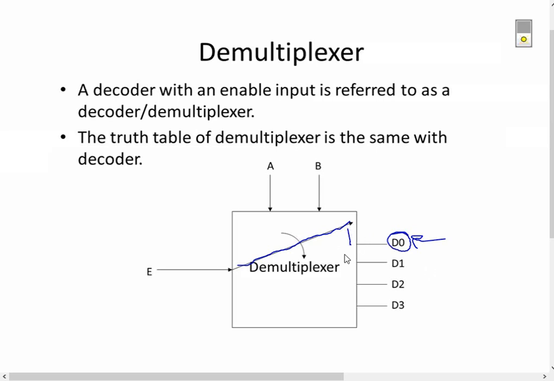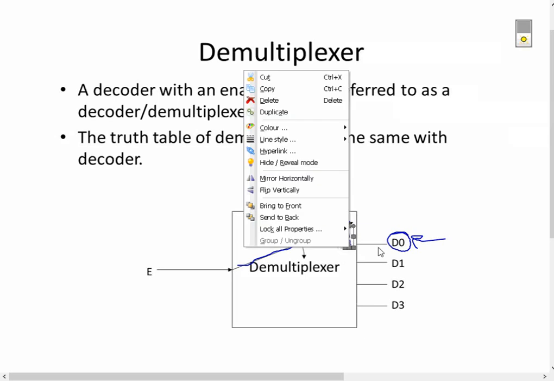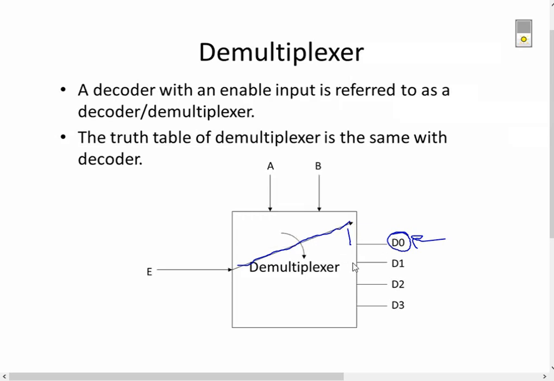If it stops here, it's going to be selecting D0. If it stops here, it's going to select D1. If it stops here, D2, and if it stops here, D3. And the way that I'm selecting these is through the combination of A and B.